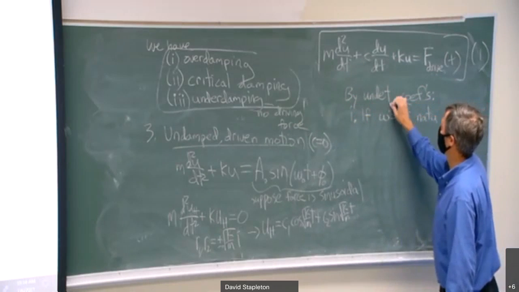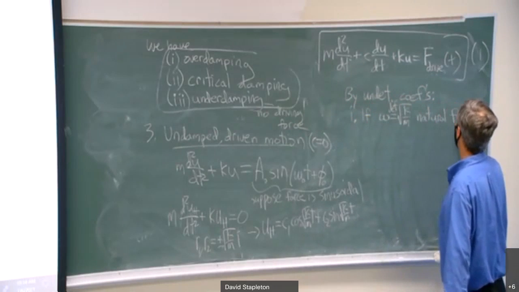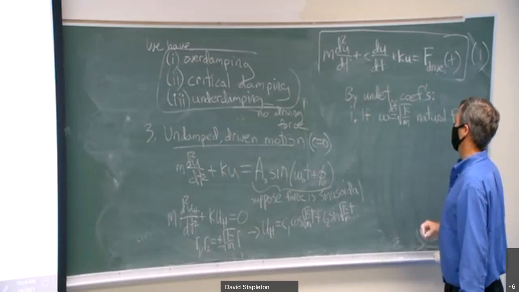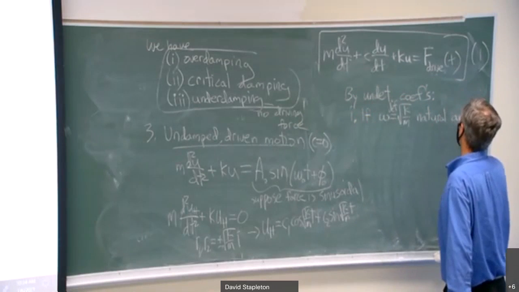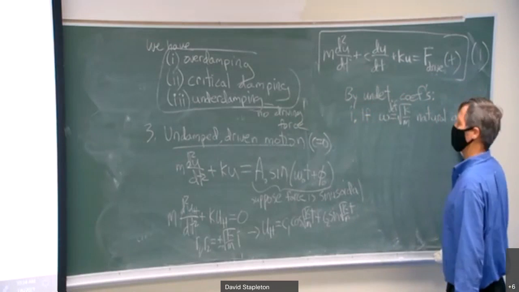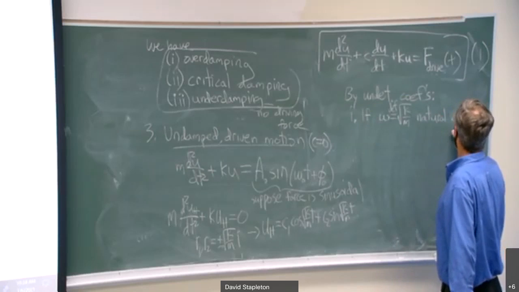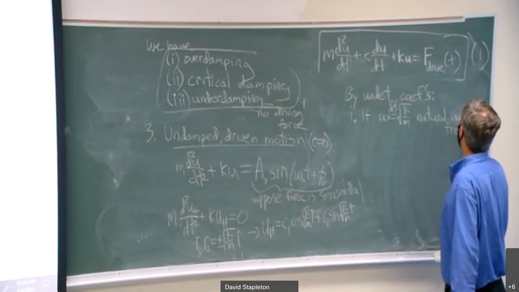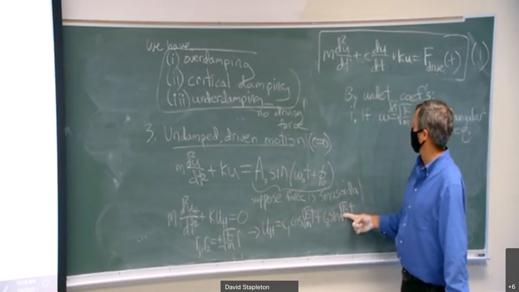We'll just make this definition, so I'll put DEF here. That's the natural angular frequency, I should call it, not the frequency, angular frequency. Means radians per second rather than cycles per second. Right, it's what occurs in the homogeneous solution.